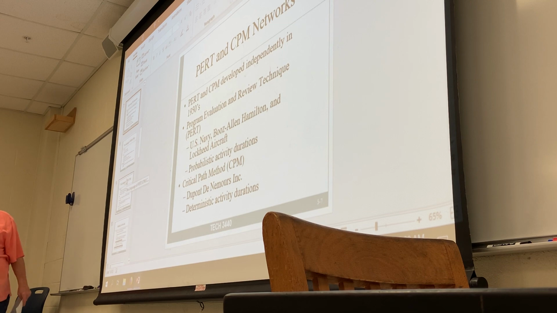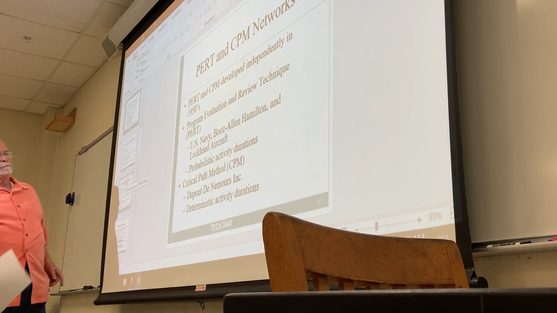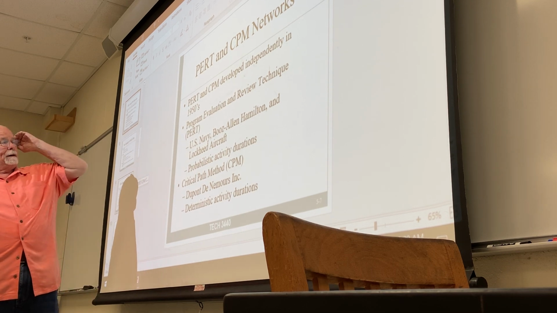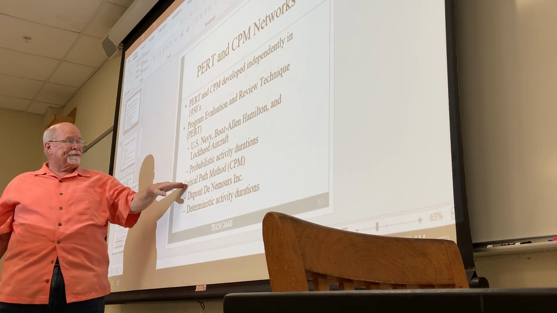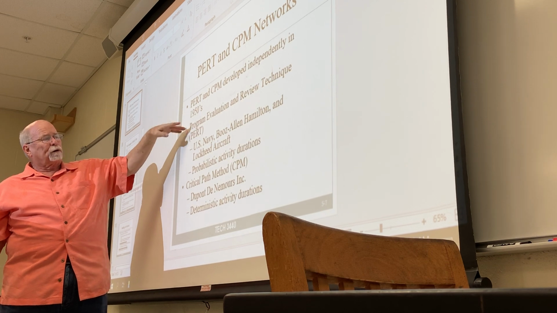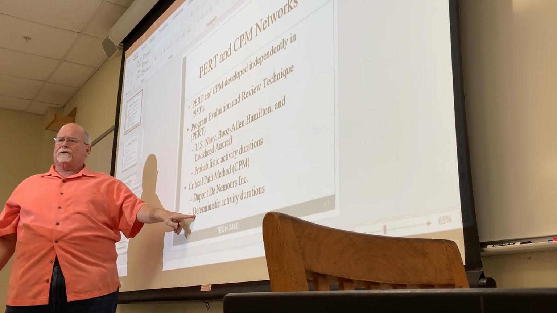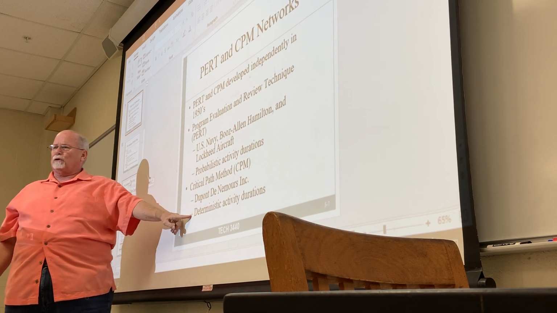But we went back and we talked about networks. We said there were 2 types of networks, PERT and CPM. We also talked about the critical path method as opposed to the program evaluation review technique. With critical path method, we just stick a duration on the wall, sure hope it's good.